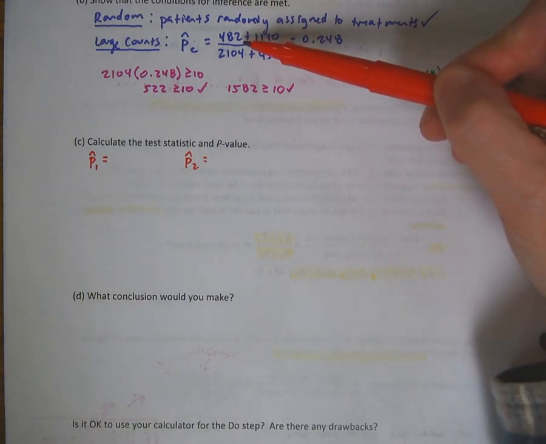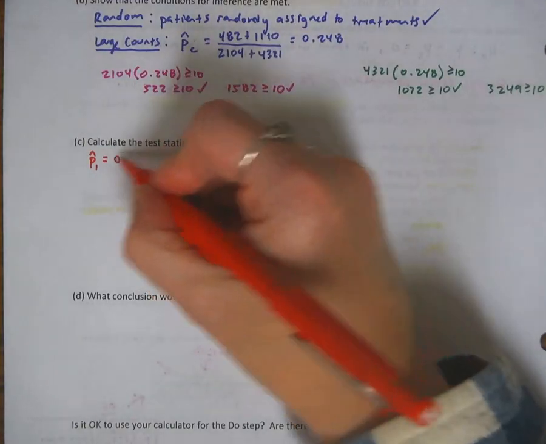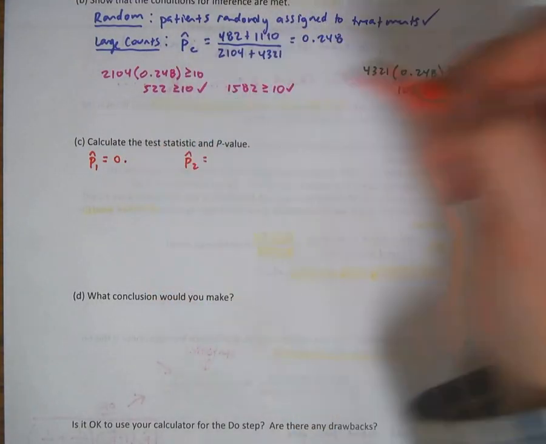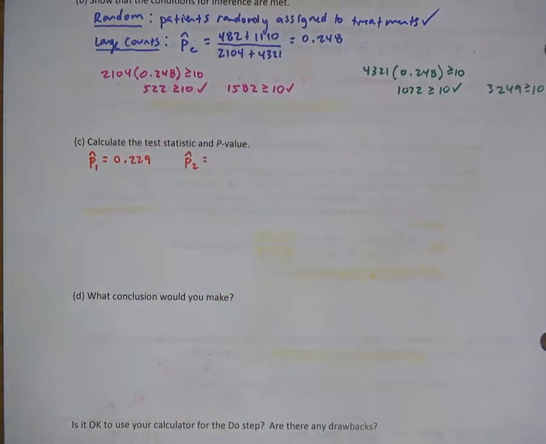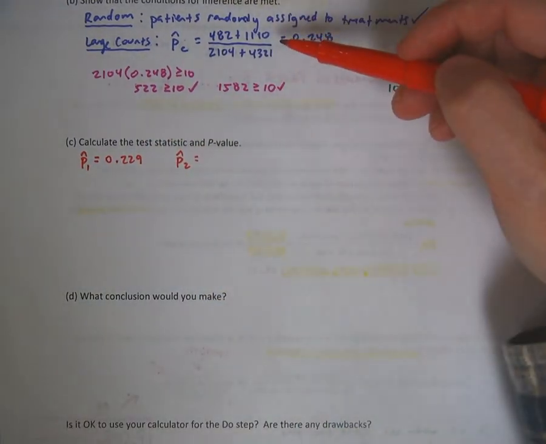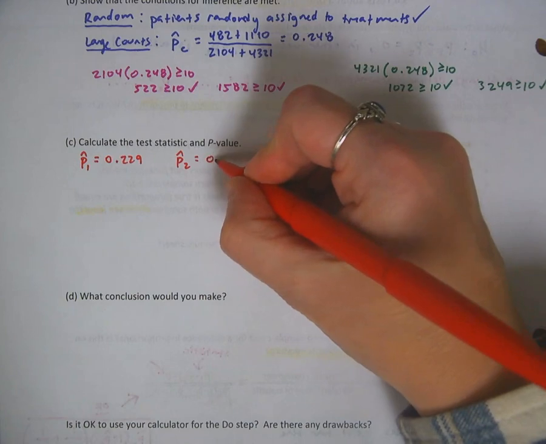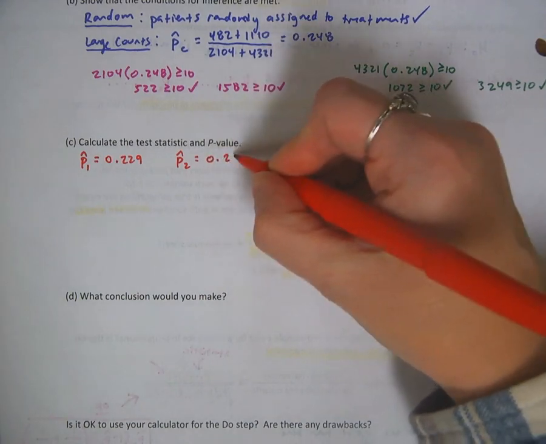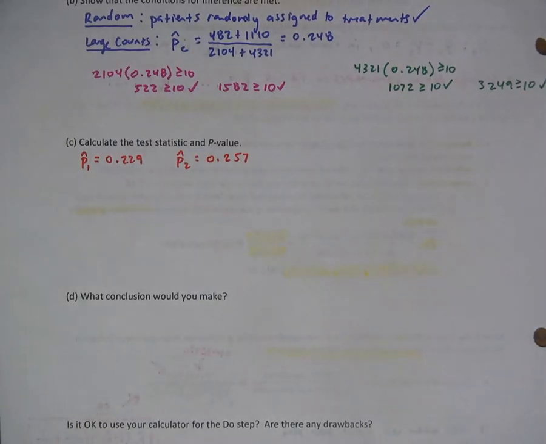So 482 out of 2,104. We'll say that that's 0.229. And then we had 1,110 deaths out of 4,321. So we'll call that, oh, we already found this on page 1. P hat 2. Needed to pause and figure that out.